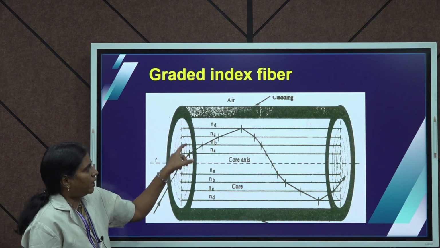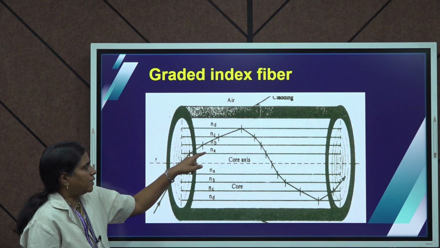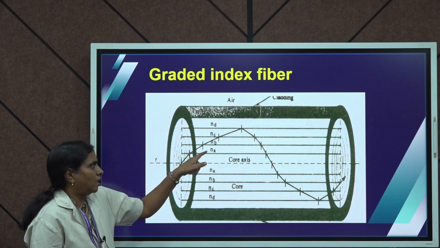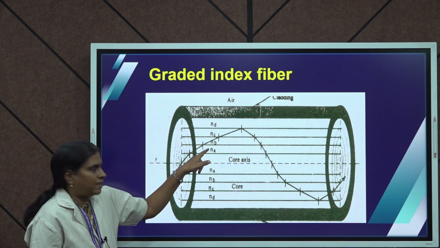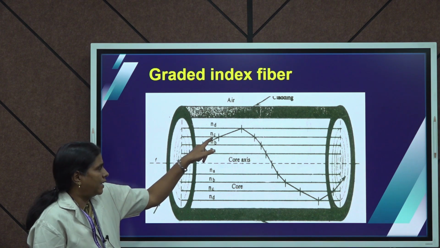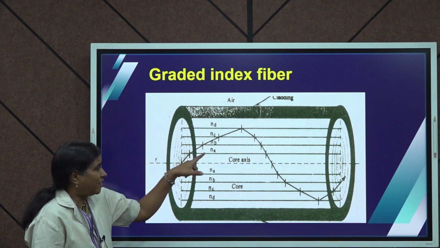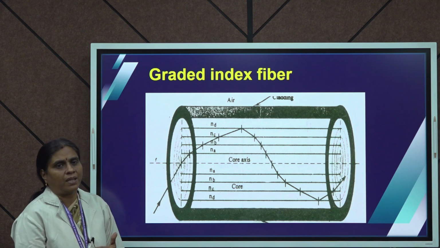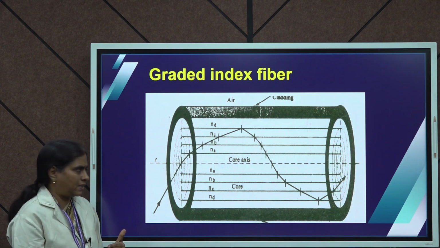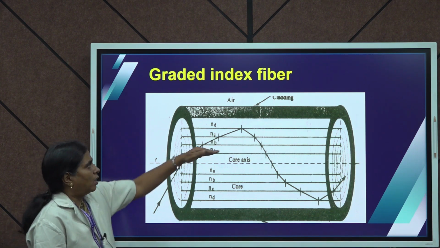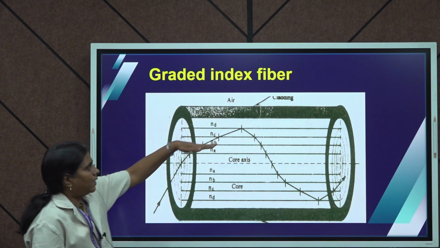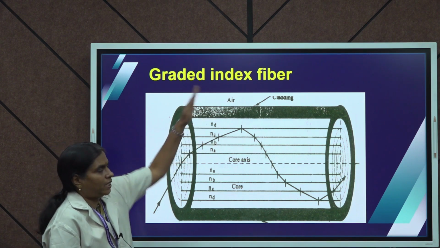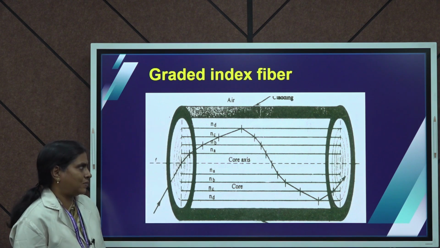If we divide it into many layers, consider the first layer is Na, and the next layers Nb, Nc and Nd. Here Na is greater than Nb, Nb is greater than Nc and Nc is greater than Nd. So, when it approaches the cladding, its refractive index gradually decreases. So, it is called graded index fiber.